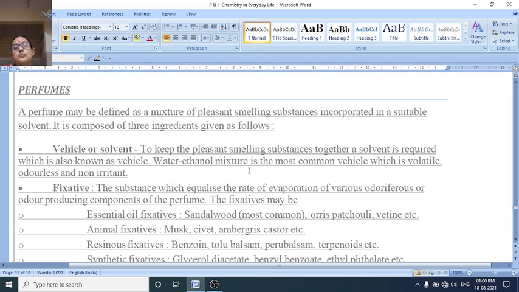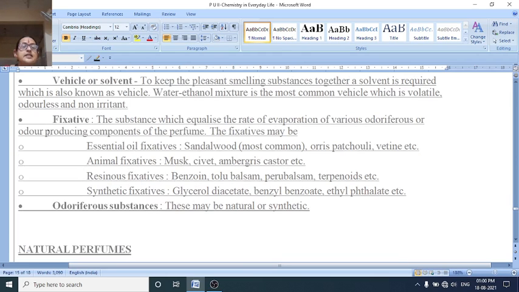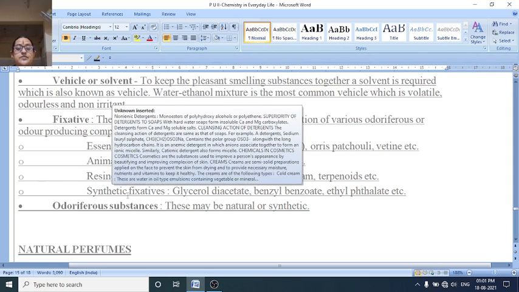Water ethanol mixture is the most common vehicle, which is volatile, odorless, and non-irritant. Next is fixative, the substance which equalizes the rate of evaporation of various odoriferous or odor producing components of the perfume. The fixatives may be essential oil fixatives, animal fixatives, resinous fixatives, or synthetic fixatives.